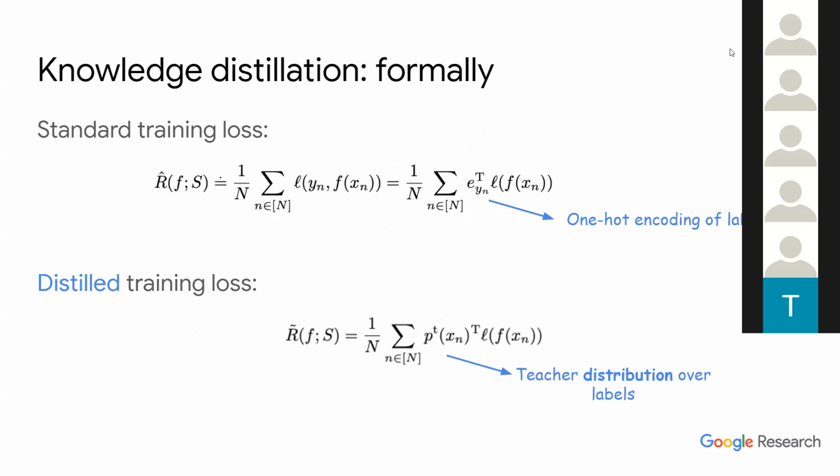This is basically the empirical risk from the training, and we usually want to minimize this one. It is just the arithmetic mean, the averaging, of a loss, where we have the ground truth label, and f of x_n is the prediction from the model.